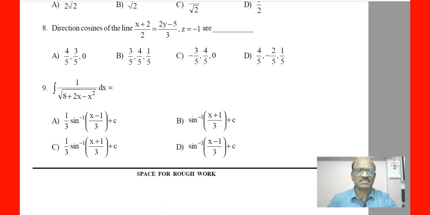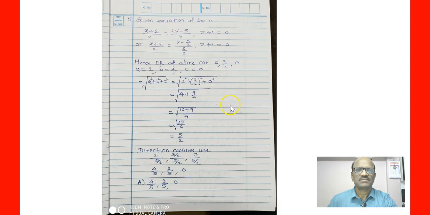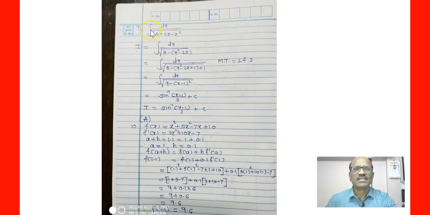Now see the answer. That is integral dx upon square root of 8 plus 2x minus x square. Take the minus sign common. Then what is the second term? The middle term is equal to 2 into first term into second term, therefore the second term is the middle term divided by 2.